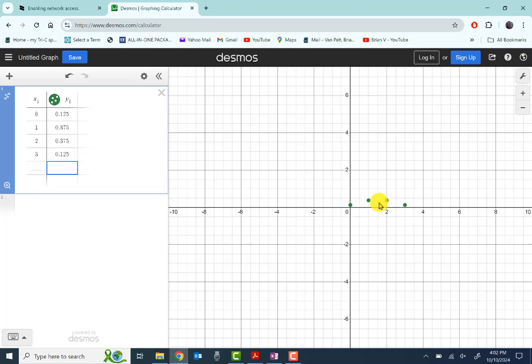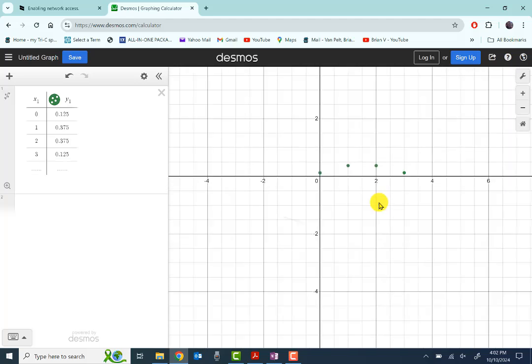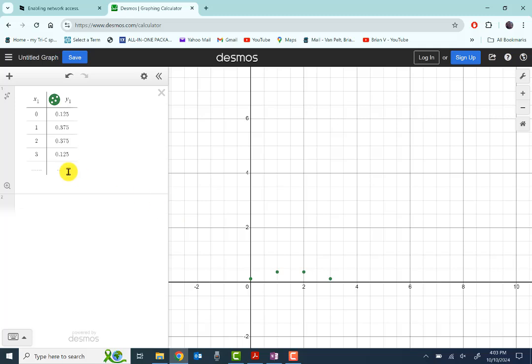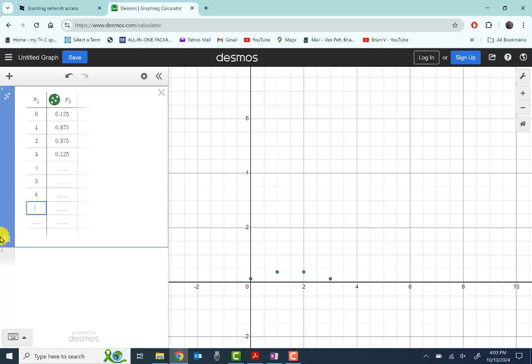And you can see over here, it's graphing them. Let me show you what happens. So this time, if you keep hitting enter, just go up to 10.